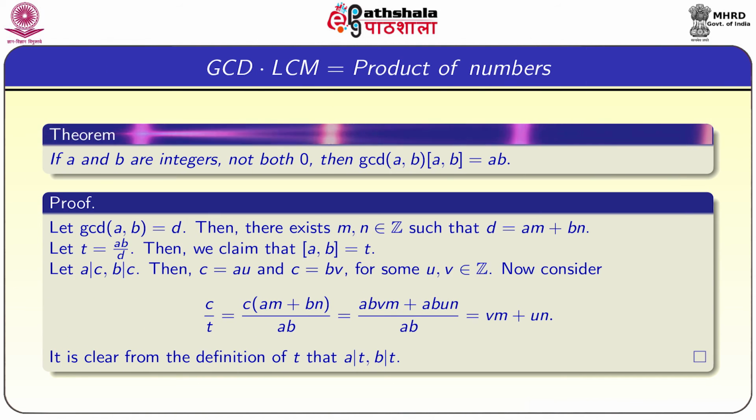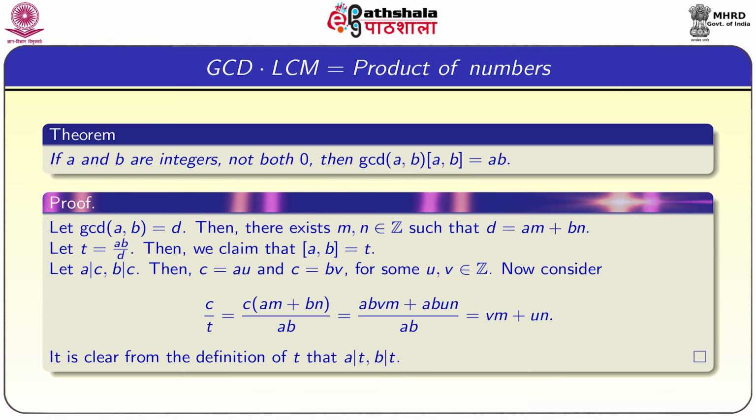So, now we will prove an important result which is familiar to you, but we are giving the proof. If A comma B are two integers not both 0, then GCD of A, B times LCM of those integers is equal to the product of the integers.